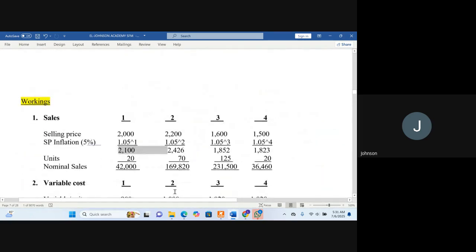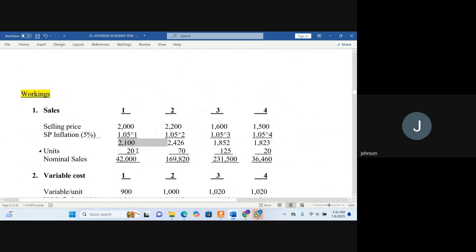So you multiply 20 by the selling price now that we've added inflation to. When you multiply it, you get the nominal sales or the inflated sales. The inflated sales now become 42,000 for year one. Year two, since it's also selling price we are still doing, it's the same inflation rate for the selling price for all the years.